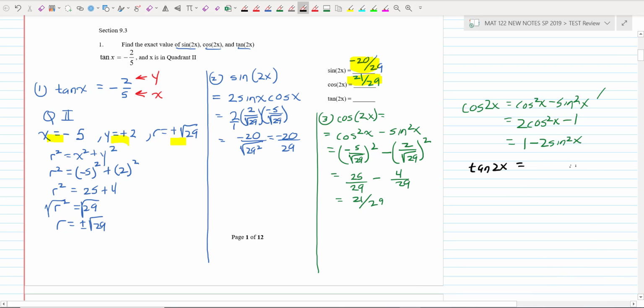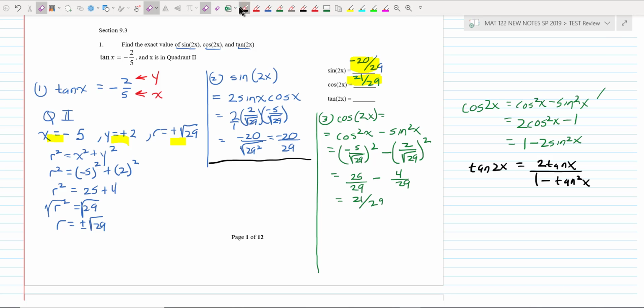So the tangent identity, double angle, goes 2 tangent x over 1 minus tangent squared x, like this. So you could do this problem one of two ways. All right, so I'm going to go ahead and do it using the identity first of all here. So let's go ahead and do this identity, but I'll show you a much easier way to do this problem in just a minute.